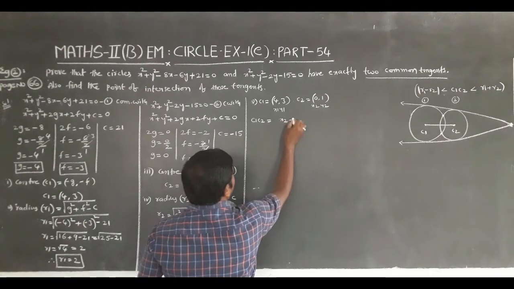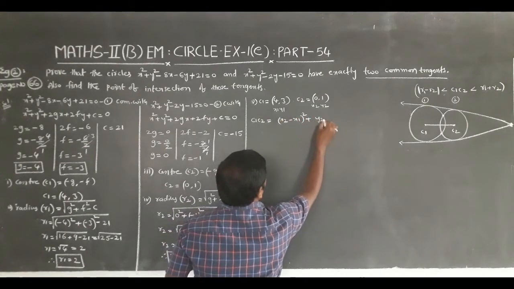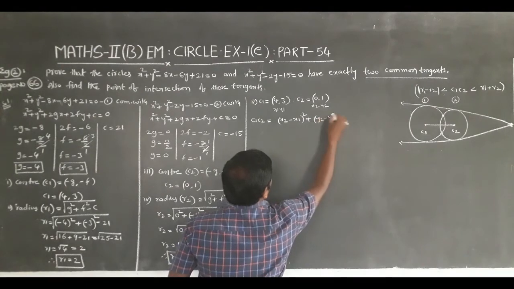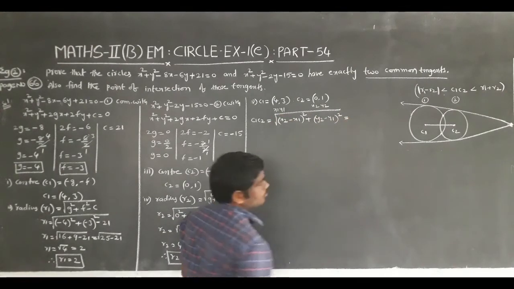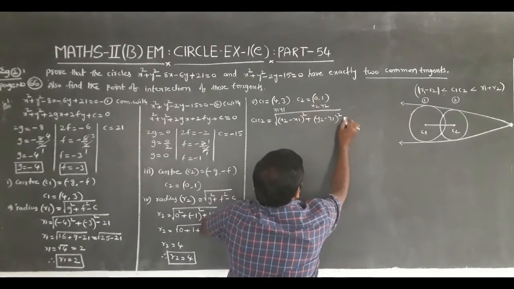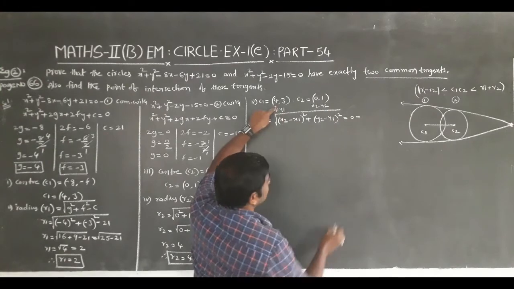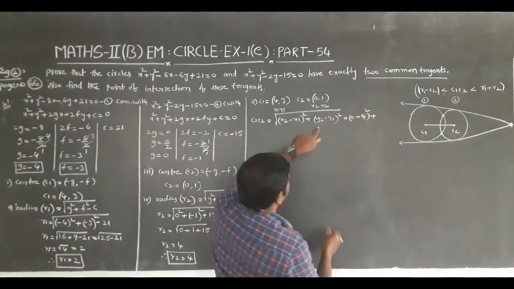The distance between the two points is equal to under root of (x2 minus x1) whole square plus (y2 minus y1) whole square.